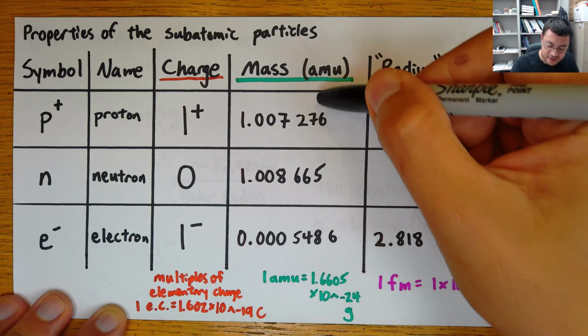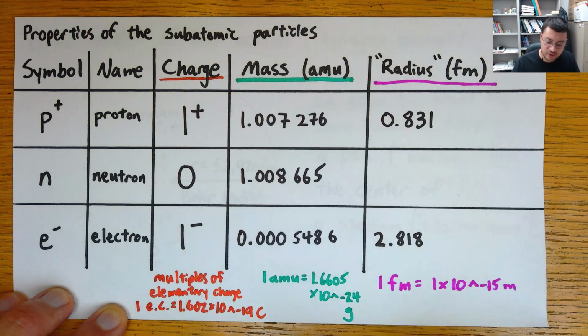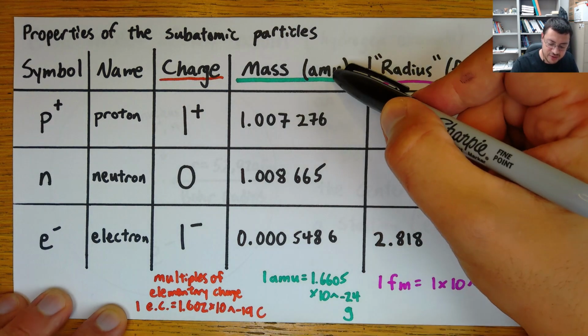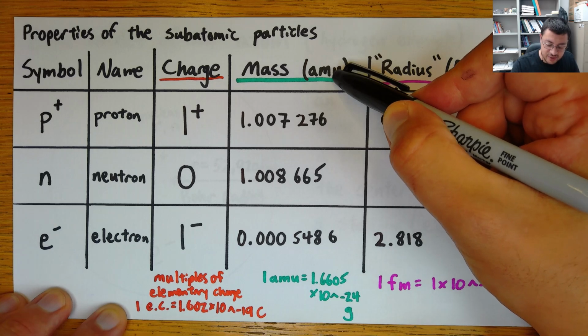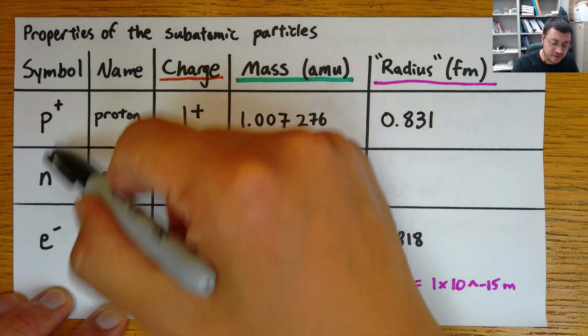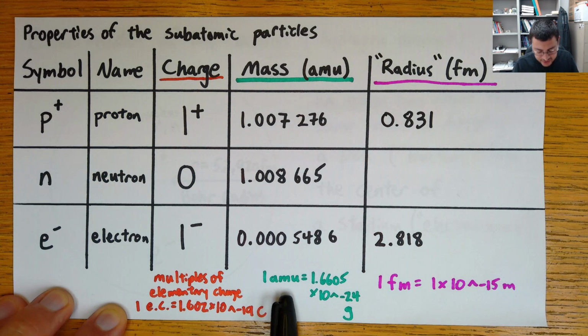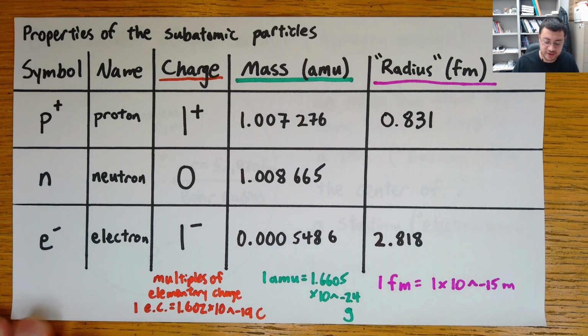All right, next up, we have the mass. And again, like we did with charge, we made these easier units to work with. The atomic mass unit was made to make masses easier to work with for these really, really tiny particles. An atomic mass unit, in case you're interested, is 1.6605 times 10 to the minus 24 grams.